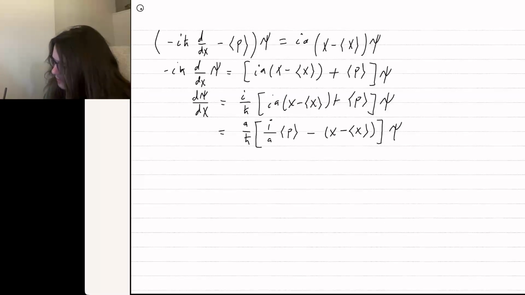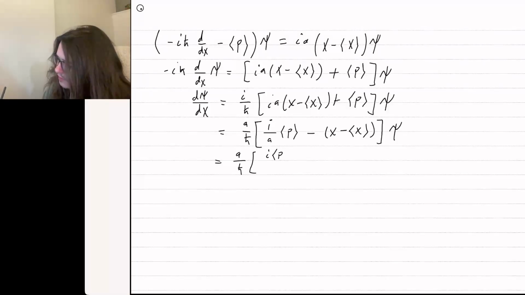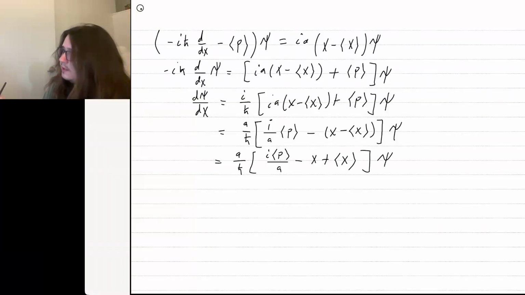And then we can distribute that minus sign through as well. So that's i expectation value of p over A minus x plus expectation value of x is equal to psi.